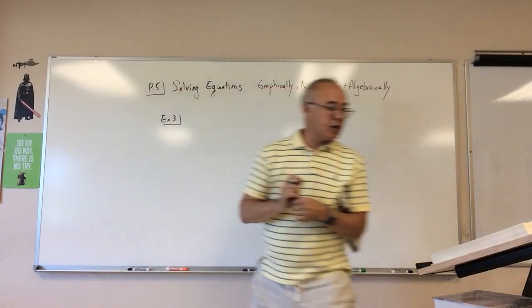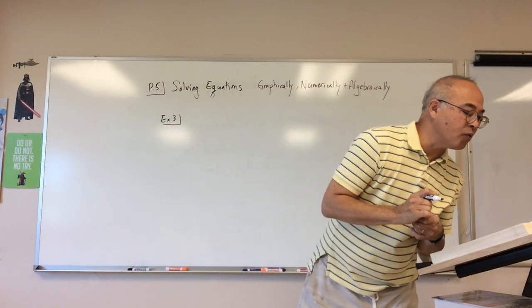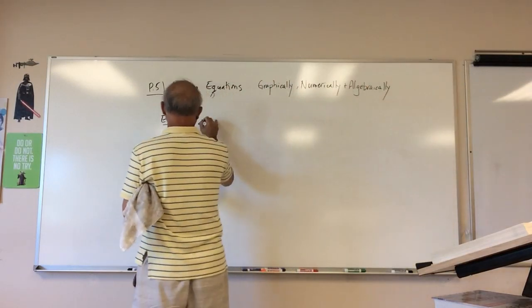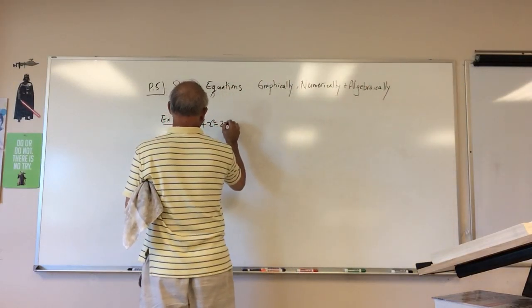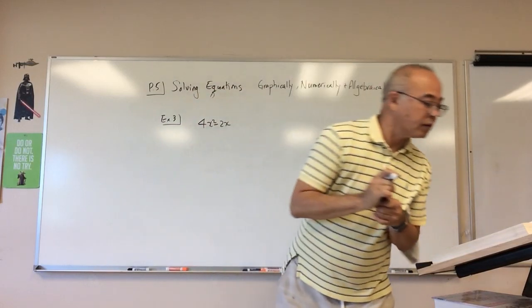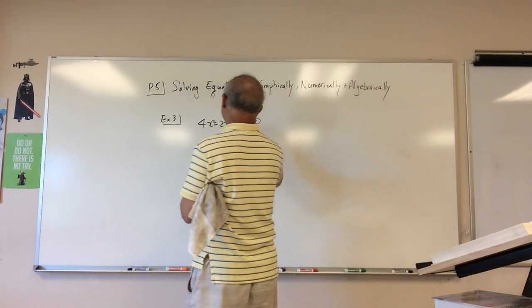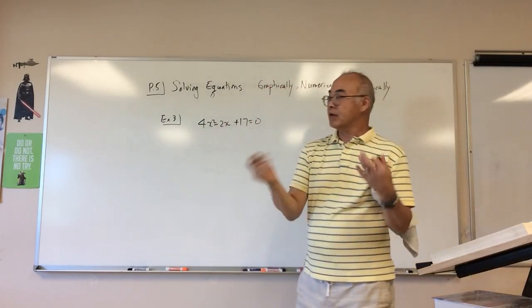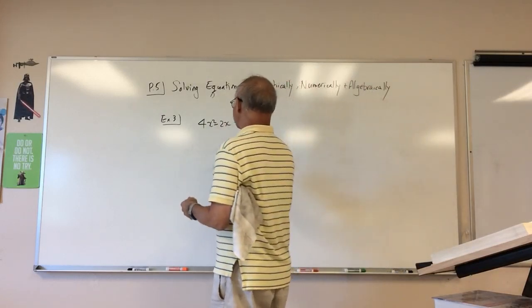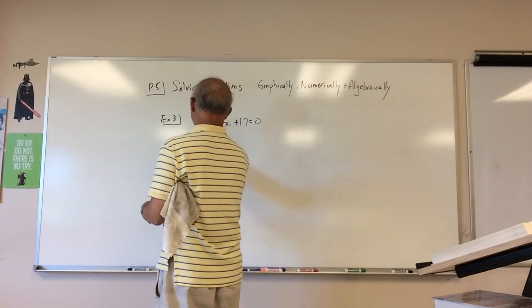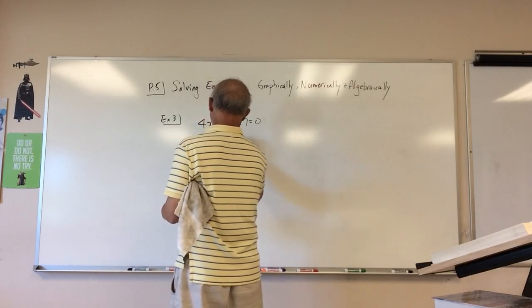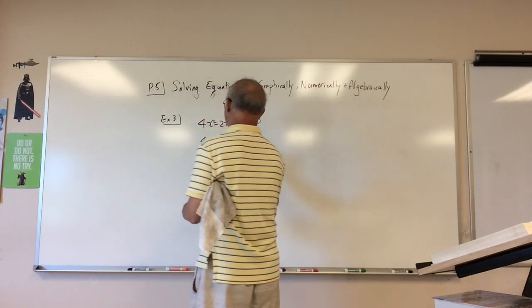Example number 3, I have 4x squared minus 20x plus 17 is equal to 0. Okay, so what I'm going to do, I'm going to go ahead and move the constant over first. So I'm going to get 4x squared minus 2x is equal to minus 17.